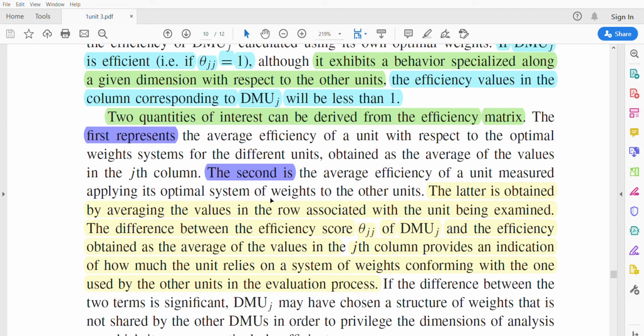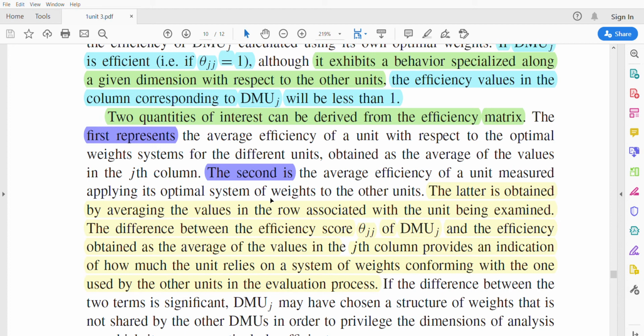We obtain it as the average of the values in the columns. Then the second quantity is the average efficiency of a unit measured by applying its optimal system of weights to other units. We obtain it by averaging the values in the rows associated with the unit being examined.